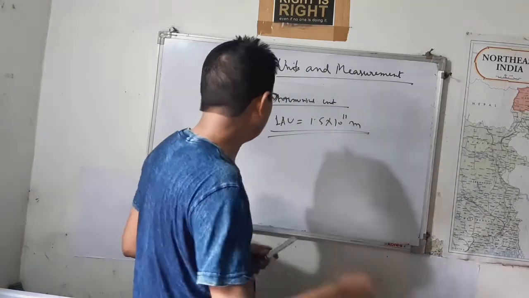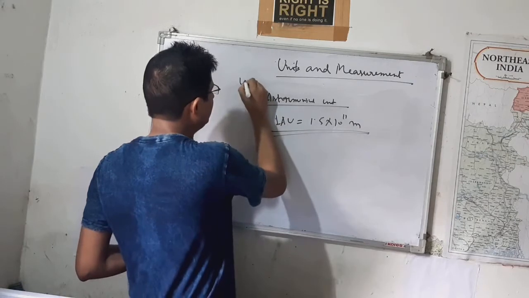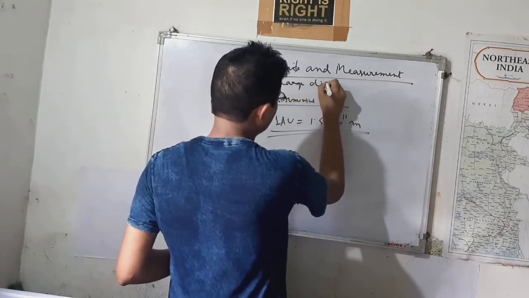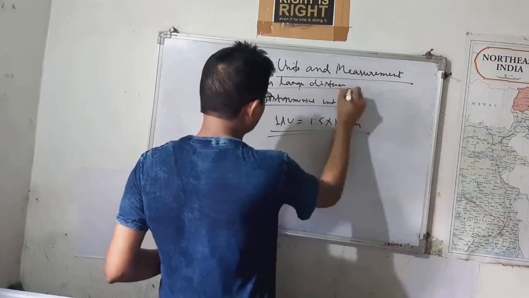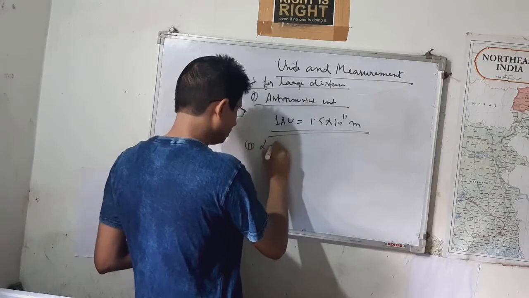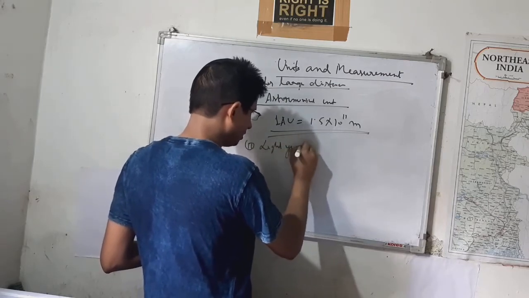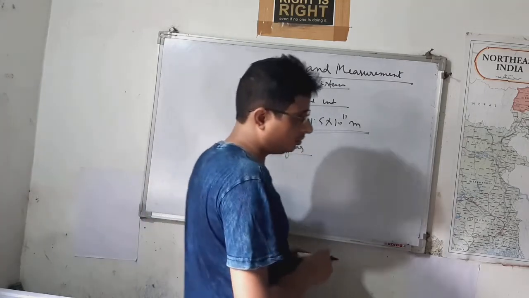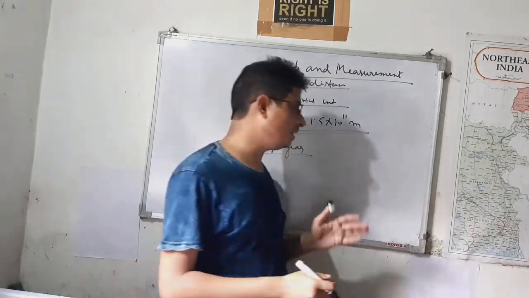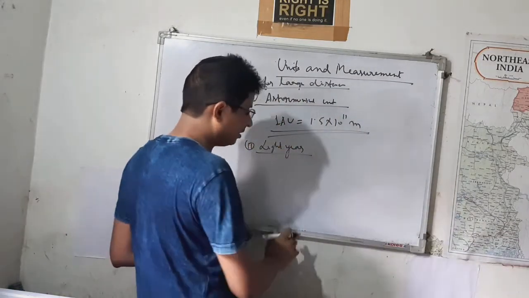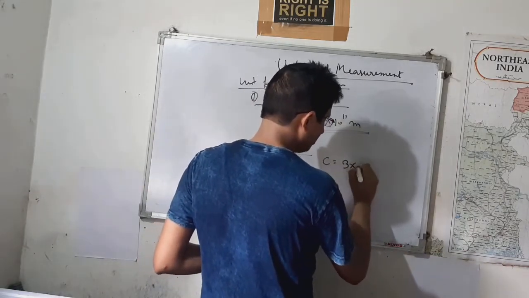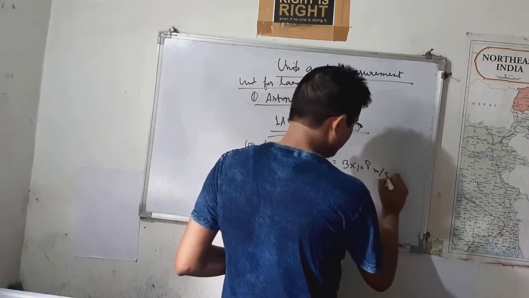So the astronomical unit is a unit for large distance. Another is the light year. We know that the speed of light is C equal to 3 into 10 to the power 8 meter per second.